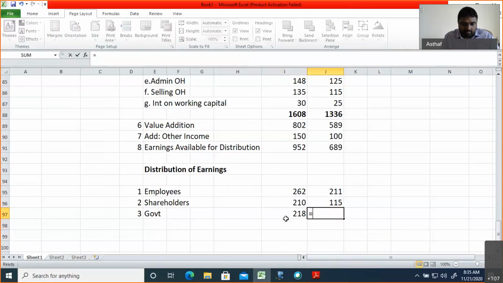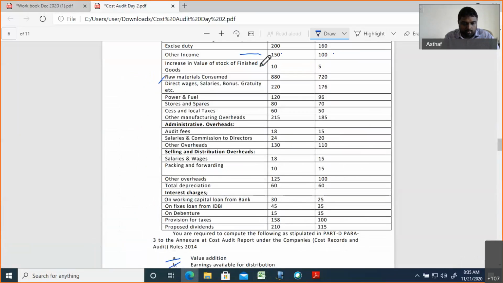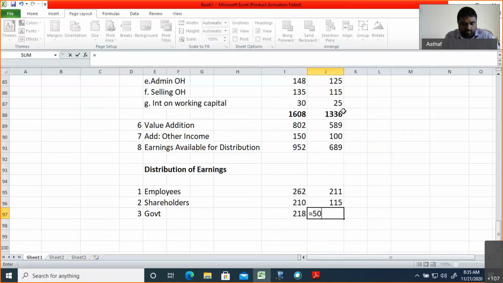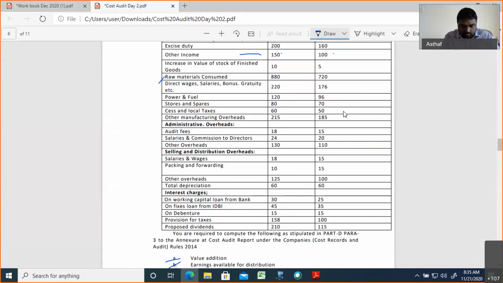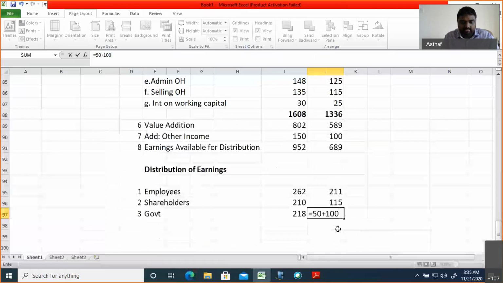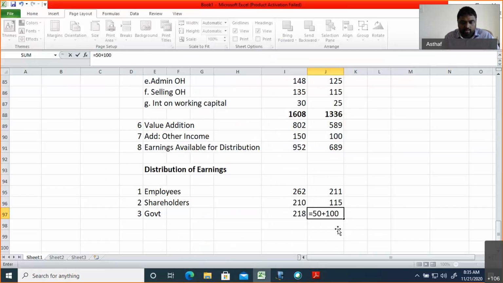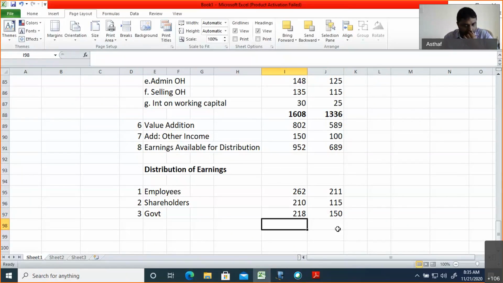Going further, here we have cess and this thing is 50. Plus provision for tax 100. So 150. How interesting.